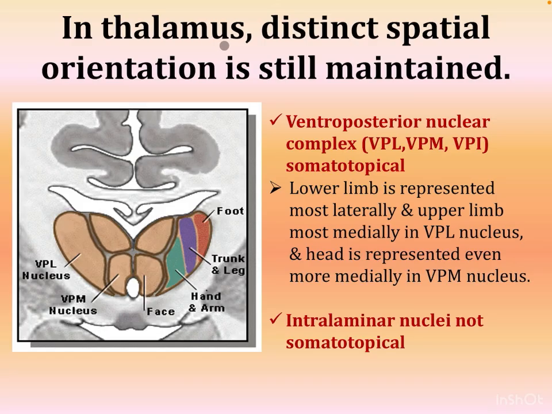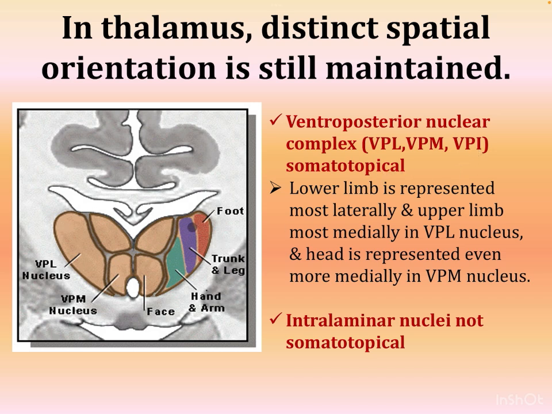In the thalamus, distinct spatial orientation is still maintained, and the somatotopical organization continues even in the cerebral cortex. So in the thalamus, ventroposterior nuclear complex, which are ventroposterolateral, ventroposteromedial and ventroposterior inferior nucleus, the fibers are somatotopically organized.